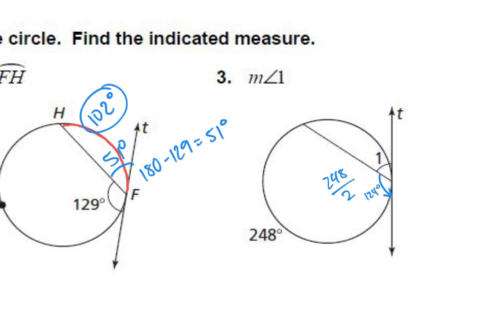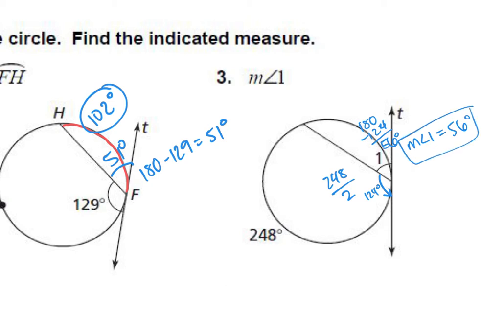And then you know it's supplementary. So we'll go 180 minus 124. What'd you get? It should be like 56, right? 56 degrees? Very good. Okay. Are we okay with these?